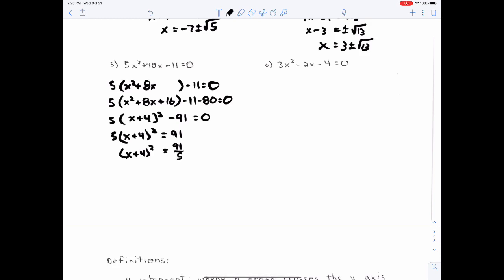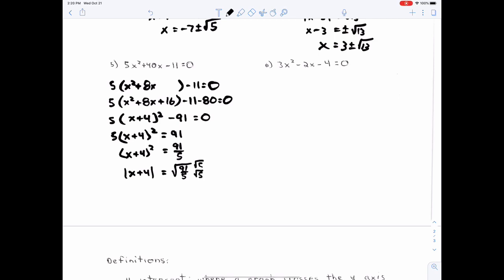Okay, then I'll take the square root of both sides. Now, what's this? The square root of 91 fifths. Now, that doesn't simplify at all. So I have to rationalize it, which I talked about before. It would have been nice if I had picked better numbers. But we're going to multiply by square root of 5 over square root of 5.